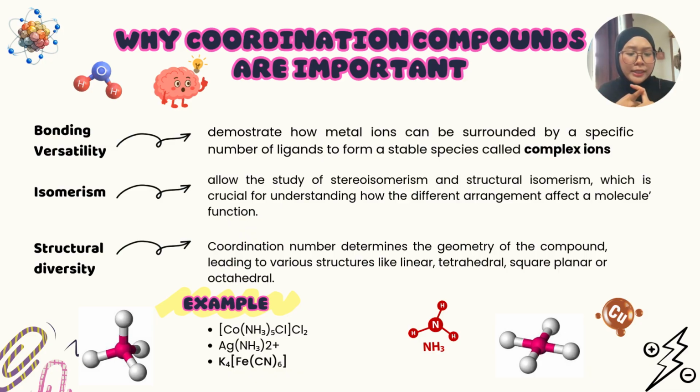Isomerism allows the study of stereoisomerism and structural isomerism, which is crucial for understanding how different arrangements affect a molecule's function. Last one is structural diversity. Coordination number determines the geometry of a compound, leading to various structures like linear, tetrahedral, square planar, or octahedral. I have given a few examples in this slide that relate to why coordination compounds are important.